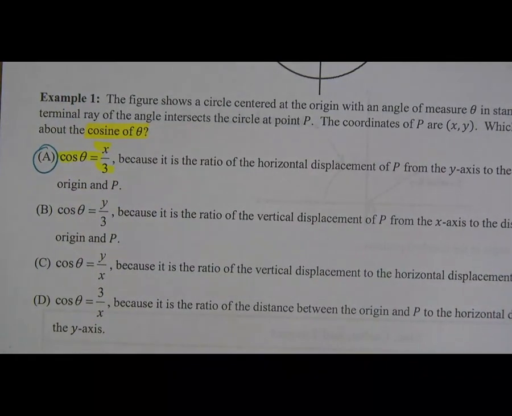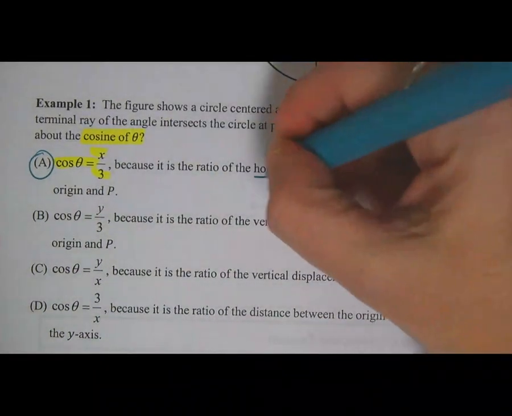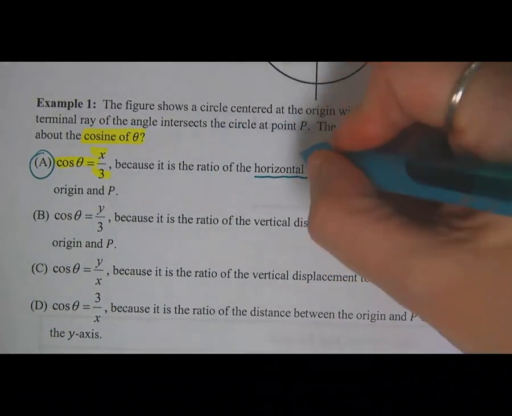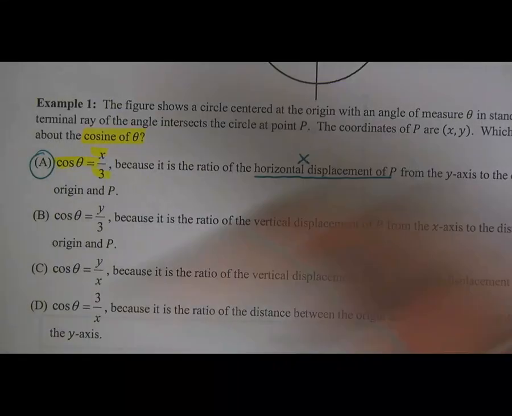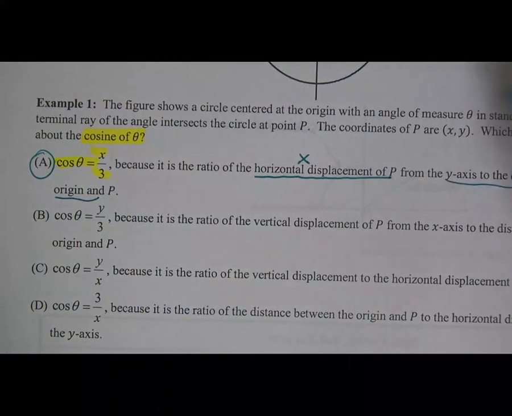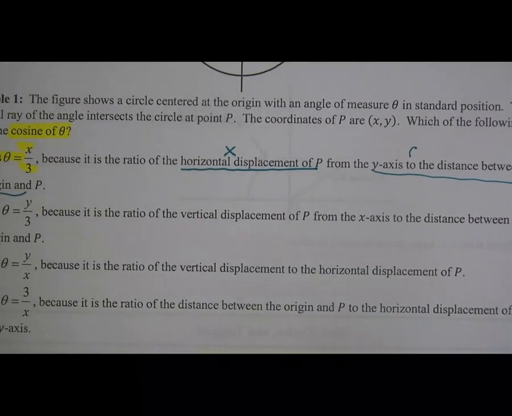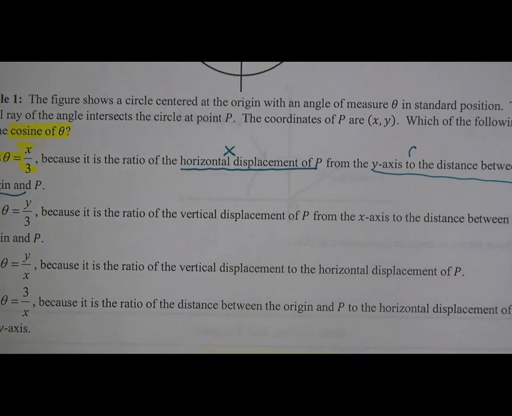The justification is because it's the ratio of the horizontal displacement, that's x, over the distance between the origin and P, that's r. So it's x over r. But you have to know all of that fancy wording for the AP exam. Horizontal displacement over radius. Okay, let's move on. That's it on example 1.